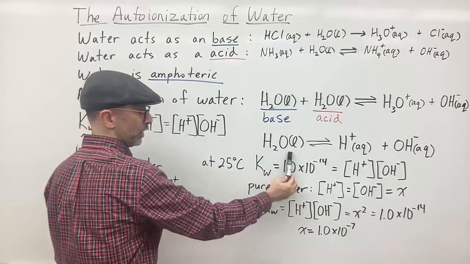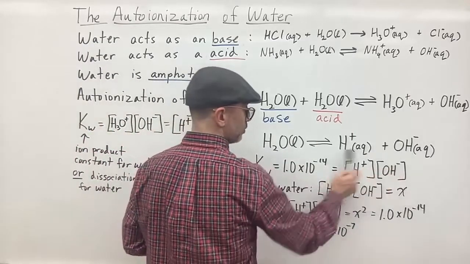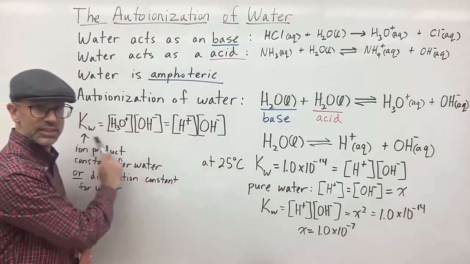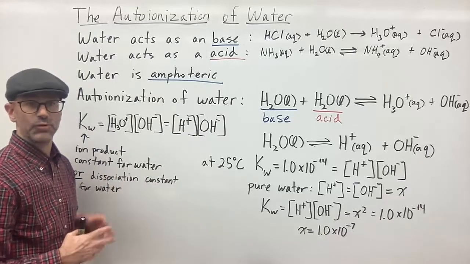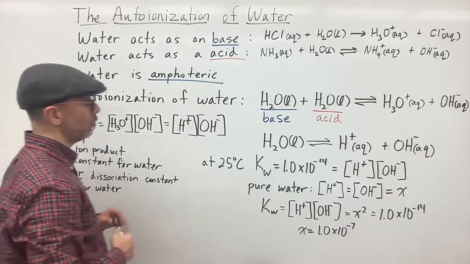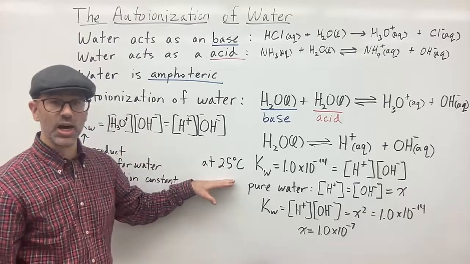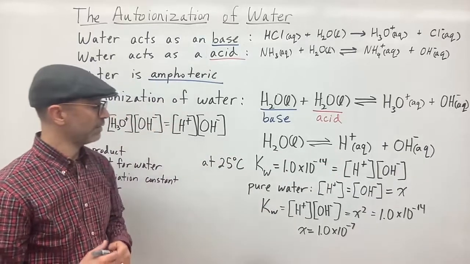We have H2O liquid that dissociates or ionizes into H plus and OH minus. And so we get this expression for the dissociation constant for water. And if this is our dissociation constant, now we can talk about how much H plus or OH minus we have in water.